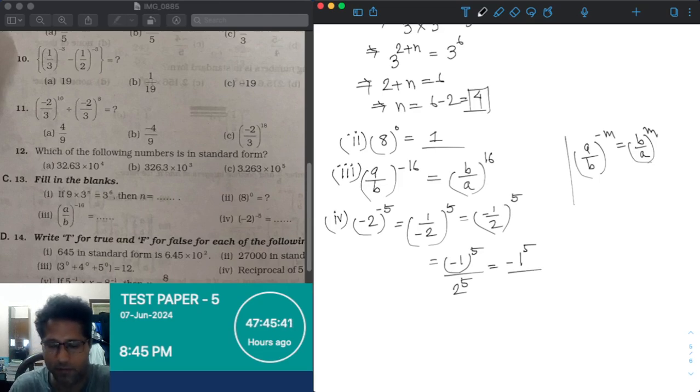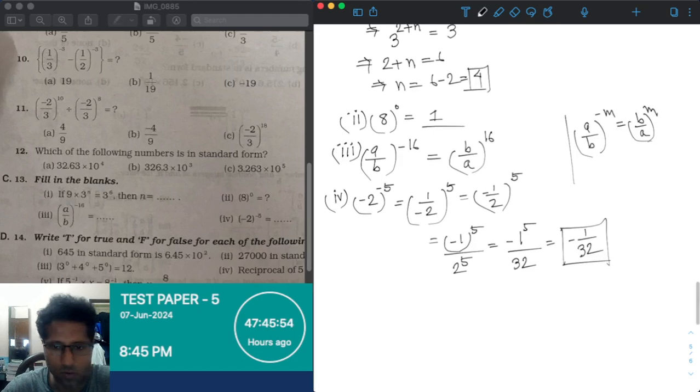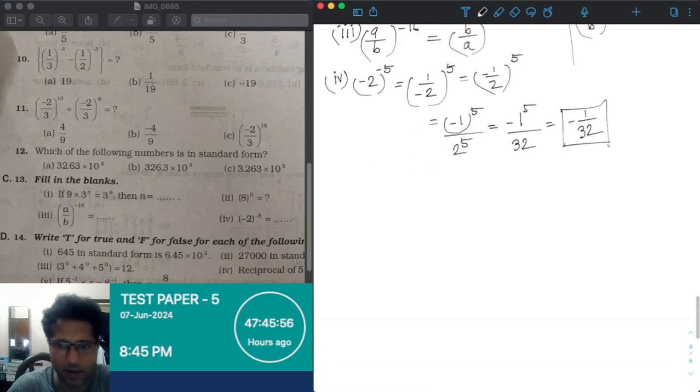And 2 to the power 5 is how much? 32. So this is minus 1 by 32. So the answer is minus 1 by 32. So C is done, and we are left with section D.